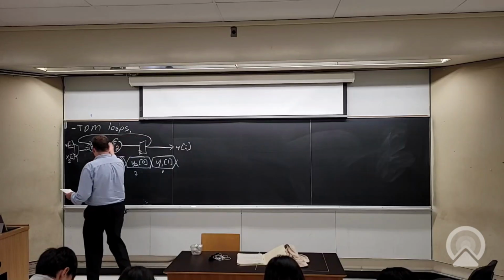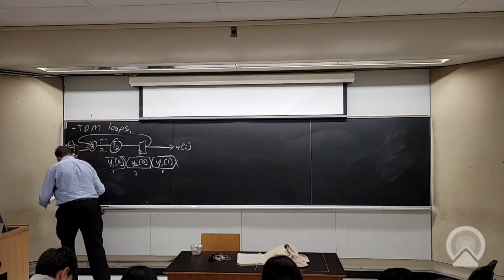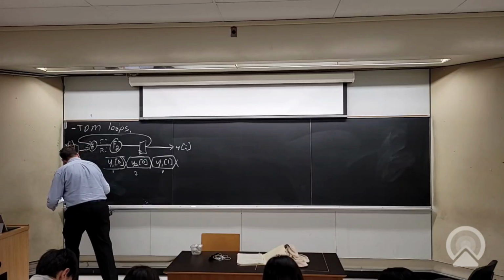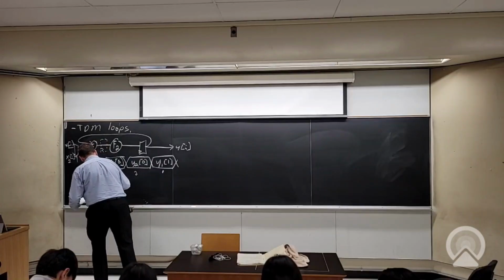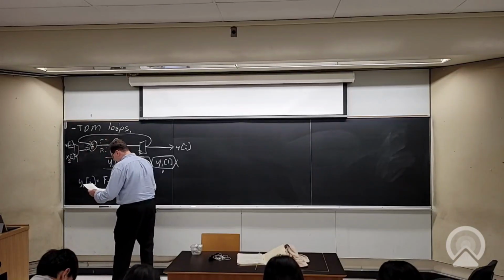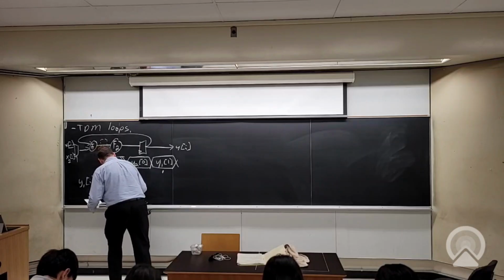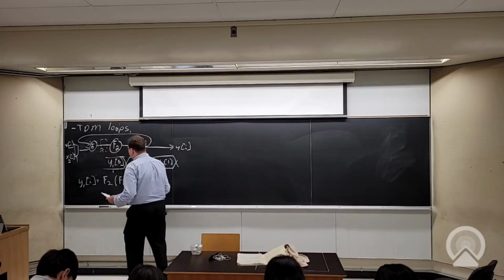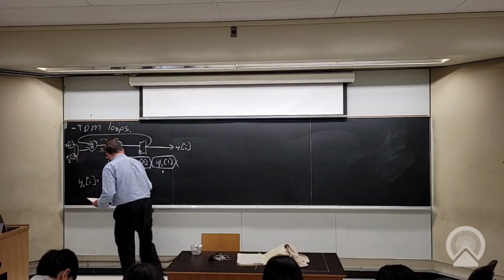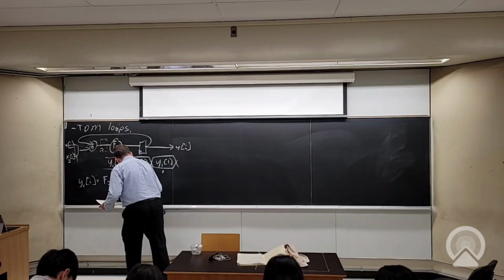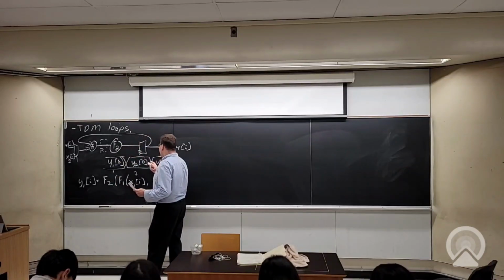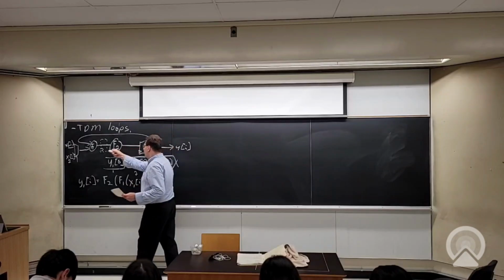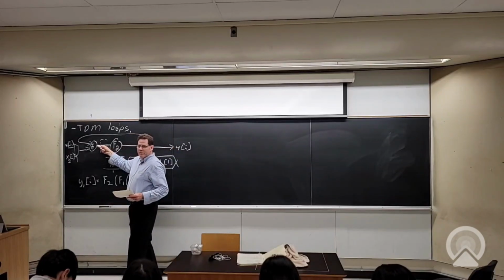If I write out the equation of what I'm getting, y1 of I is equal to f2 of f1 of the current input, so x1 of I, and it's whatever y value came out 2 clock cycles ago, because I put this register in.